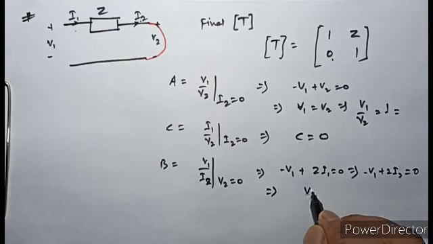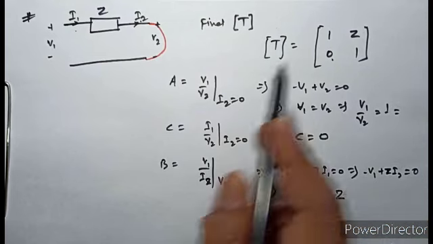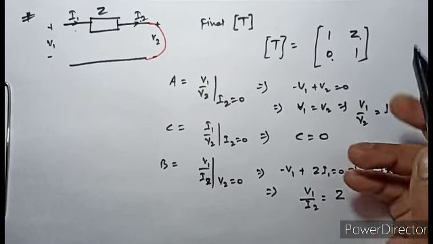From here we will have V1 by I2 equal to Z, and this is nothing but our B parameter.